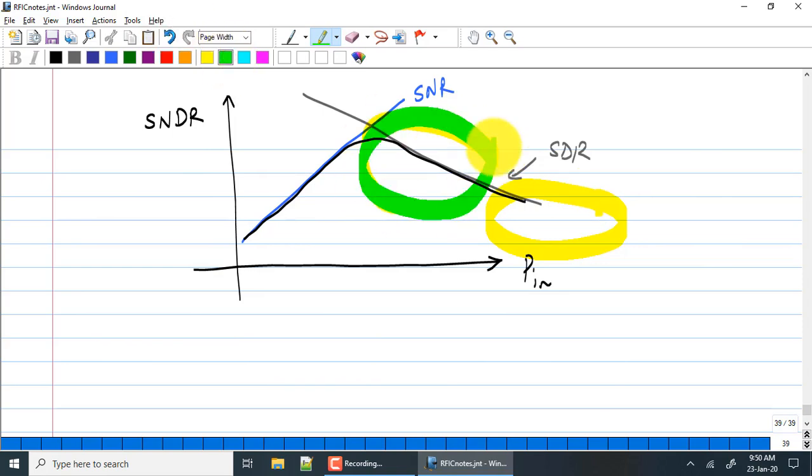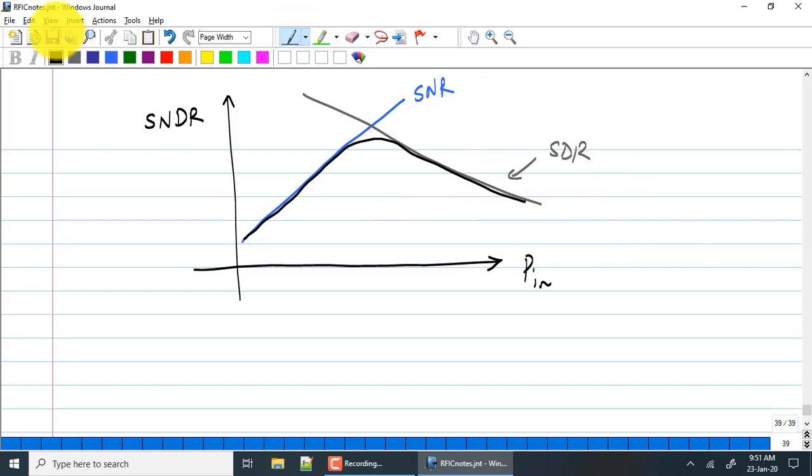Because clearly SNDR is degrading. To figure out how much it is degrading and why it's degrading. I want to make sure it degrades maybe dB for dB with input signal, etc. I may want to do so many things. I may want to optimize my circuits to reduce power consumption in that region. In a real communication system, you need to optimize the circuit for behavior across all regions of operation.